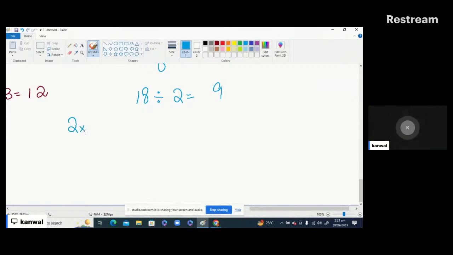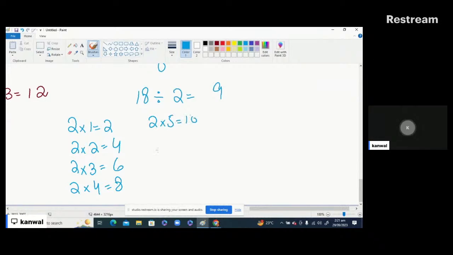First of all, write down the table of 2. 2 times 2 is 4. 2 times 3 is 6. 2 times 4 is 8. 2 times 5 is 10. 2 times 6 is 12. 2 times 7 is 14. 2 times 8 is 16. 2 times 9 is 18.